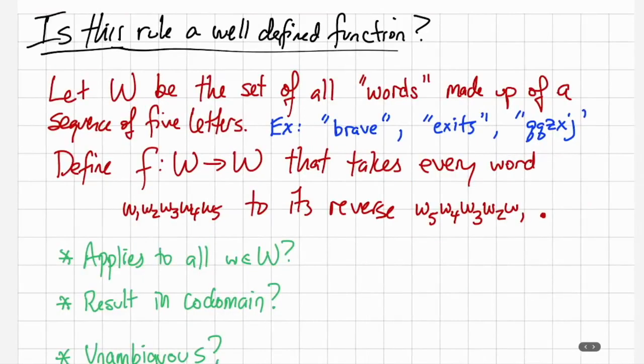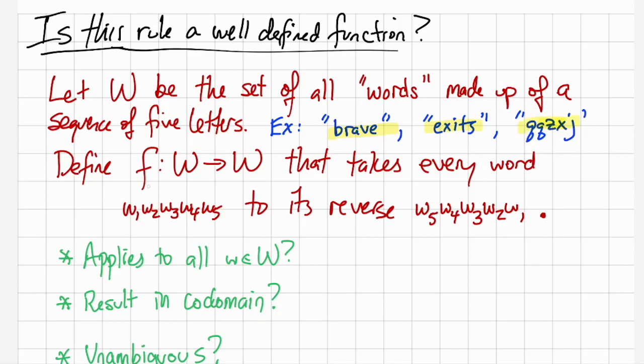So let's do an example where we're given a rule and we need to determine whether it's a well-defined function. Let W be the set of all words, in quotation marks, made up of a sequence of 5 letters. So that's going to include all real words like brave and exits, but also made up words like QQZXJ.